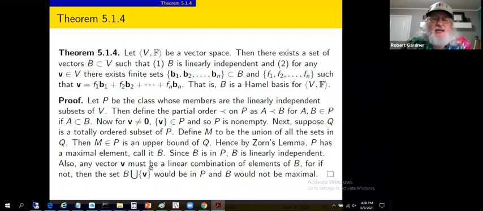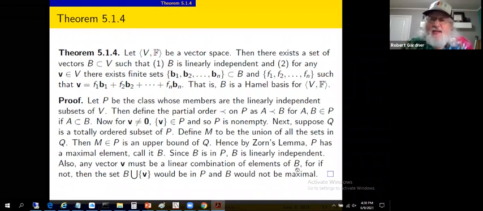From Zorn's lemma, we need to show it's a spanning set. That's what we need to do. So if there's any vector V in the space, it must be a linear combination of the elements of B, and so in the span of B.